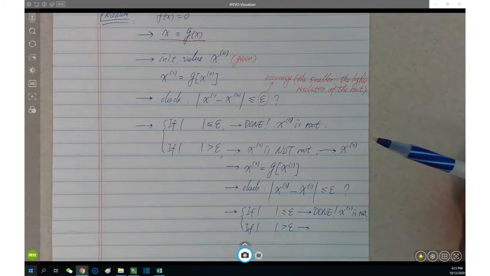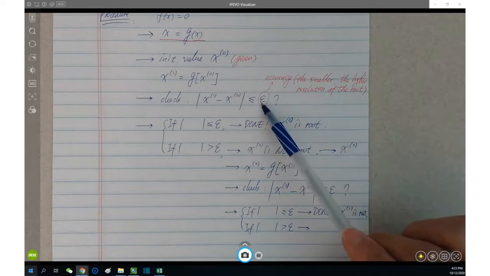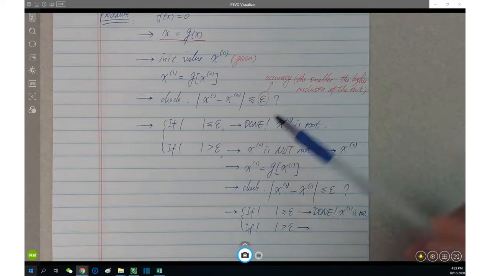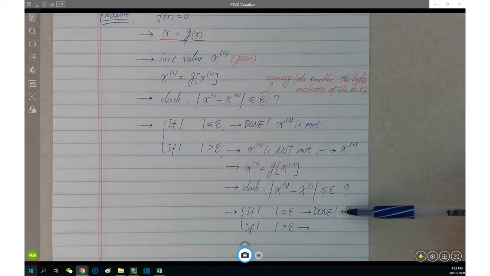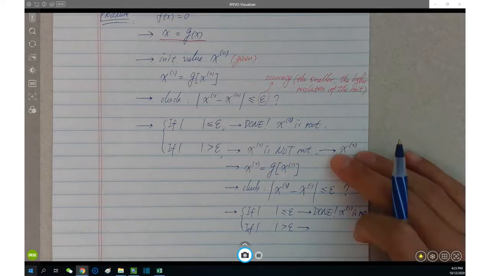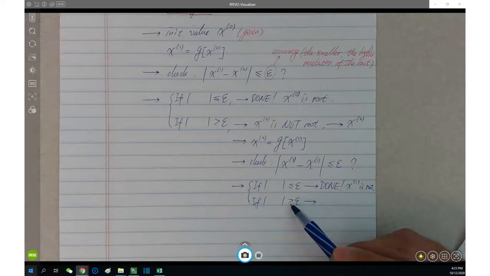This is like the first checking, where you are able to tell whether x of 0 is the root. And after the second checking, you are able to tell whether x of 1 is the root, right? And so on and so forth. And this time, nine out of 10, you are not going to have this be true.